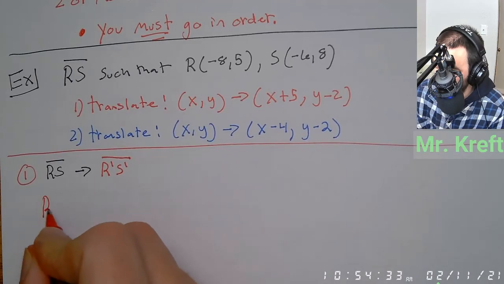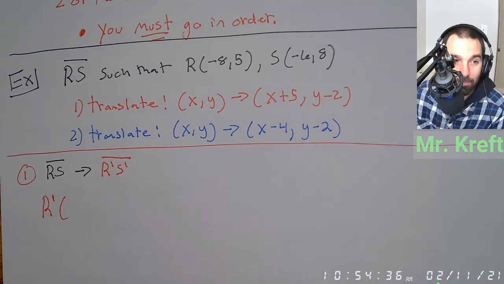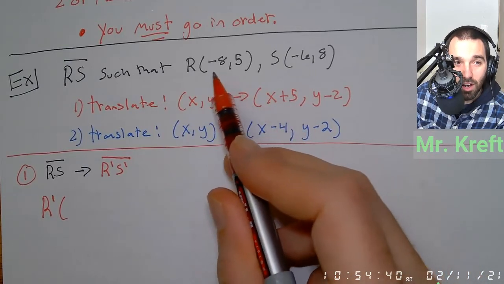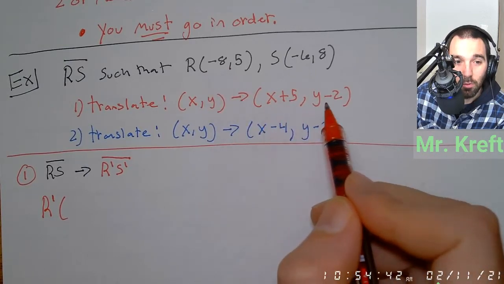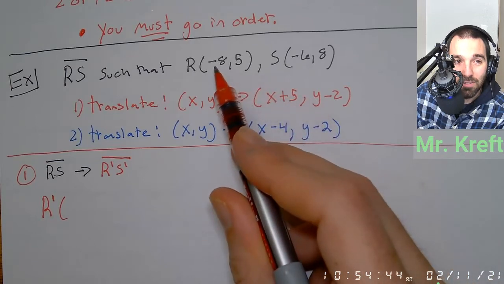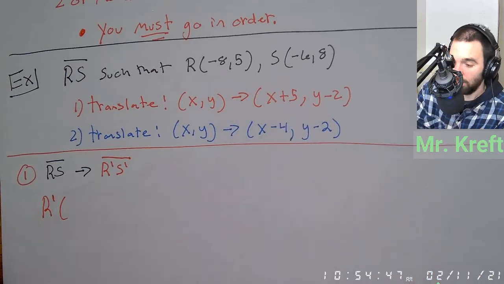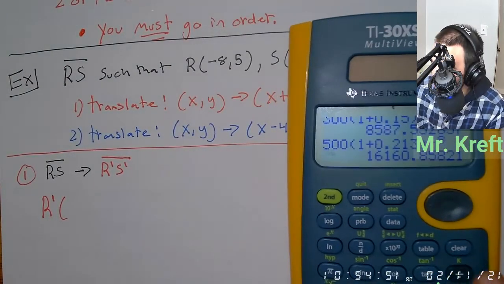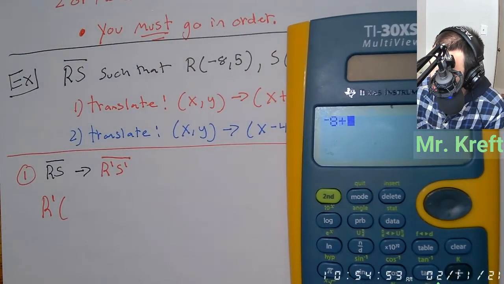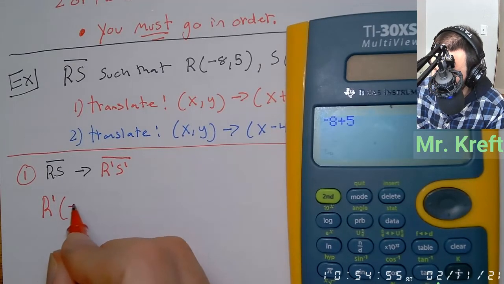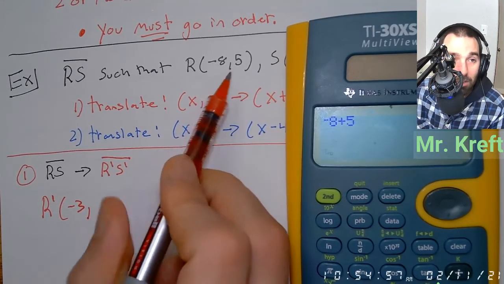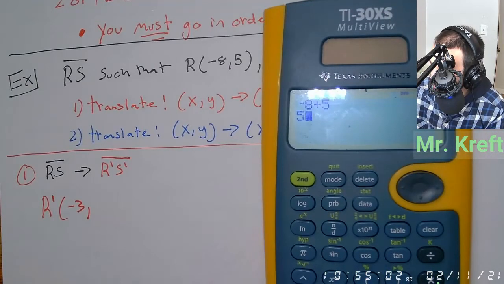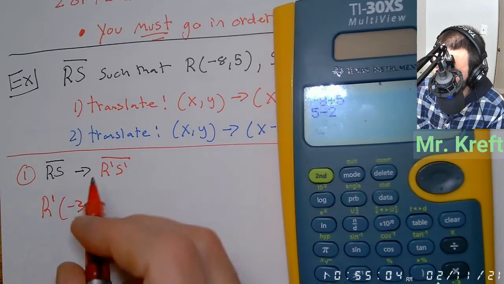Let's first do R prime. R prime is going to be R into this formula. So I'm going to have -8 plus 5, right? And remember, calculators, if you're struggling here, calculators help out so much. -8 plus 5, I get -3. And then I'm going to take 5 minus 2, and I get 3.